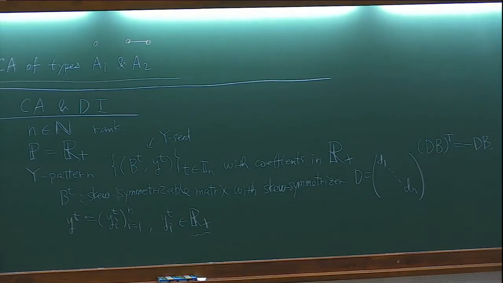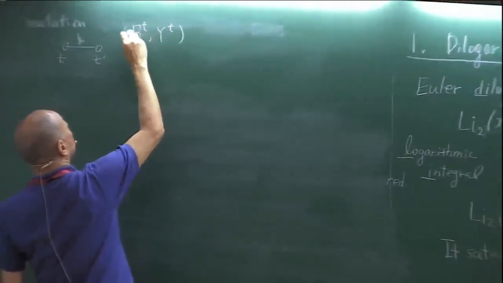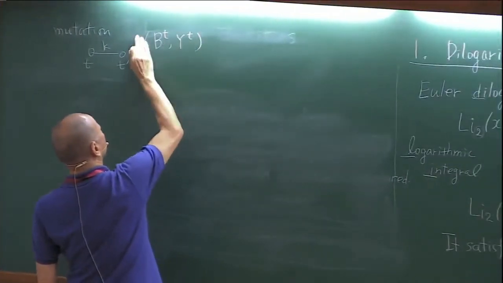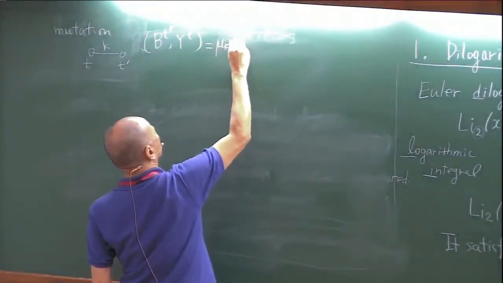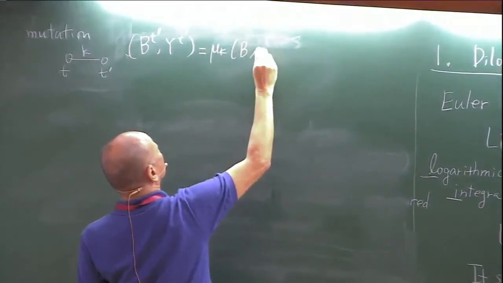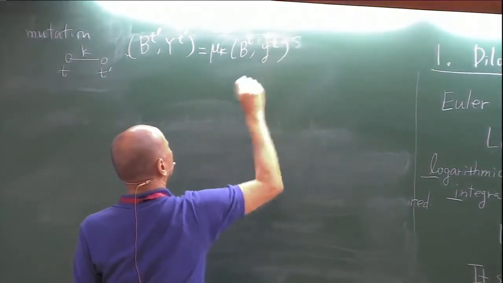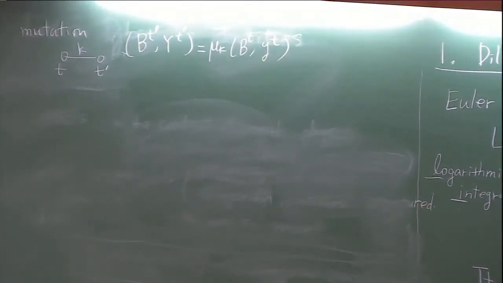They are related by mutations, right? If two points are connected, then the Y-seeds are related by the mutation mu_k, so (B', D', Y') are connected by the Y-seed mutation. That is a Y pattern.